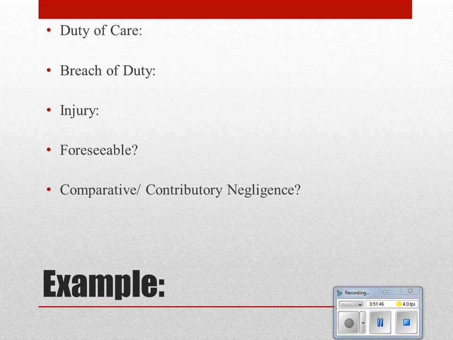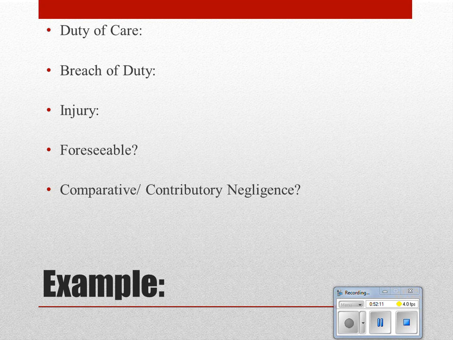Good, all right. Another example here, Nick. I don't know if this is one of it, but Dan is making a left turn and hits Ann, who is driving over the speed limit through the intersection. Ann sustains injury and sues Dan for negligence.